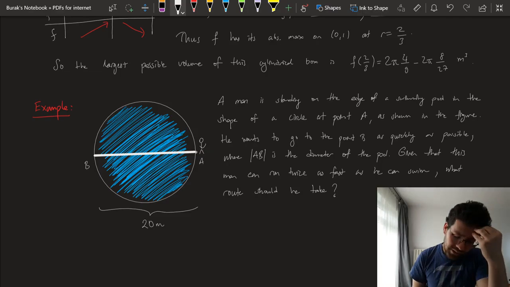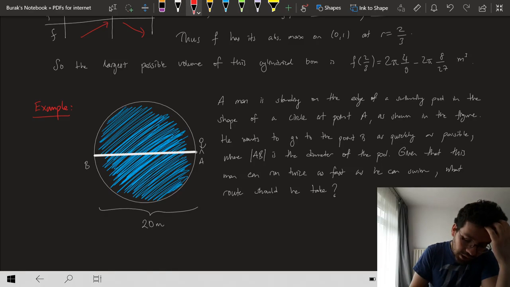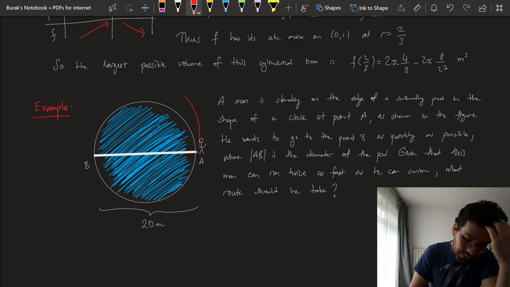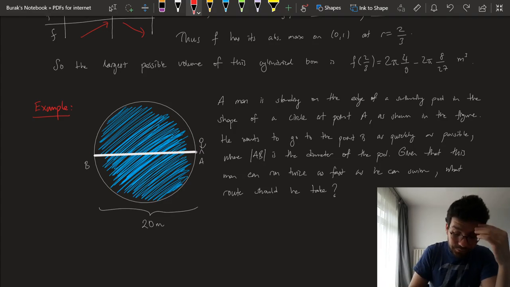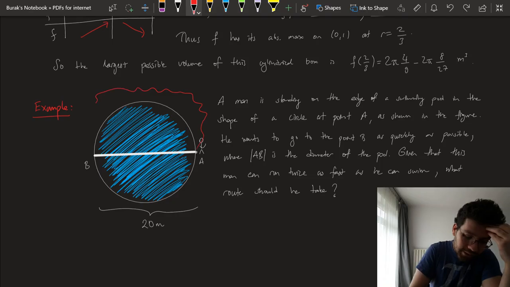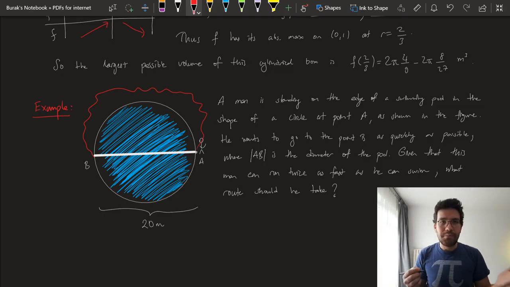Okay, let's think about this. So what can he do? Well, he can just run all the way over here. First of all, okay, let's see what he can do. He can just run in some weird route like this. Okay, but then that wouldn't be optimal because he's just taking a route which is longer than it's supposed to be.